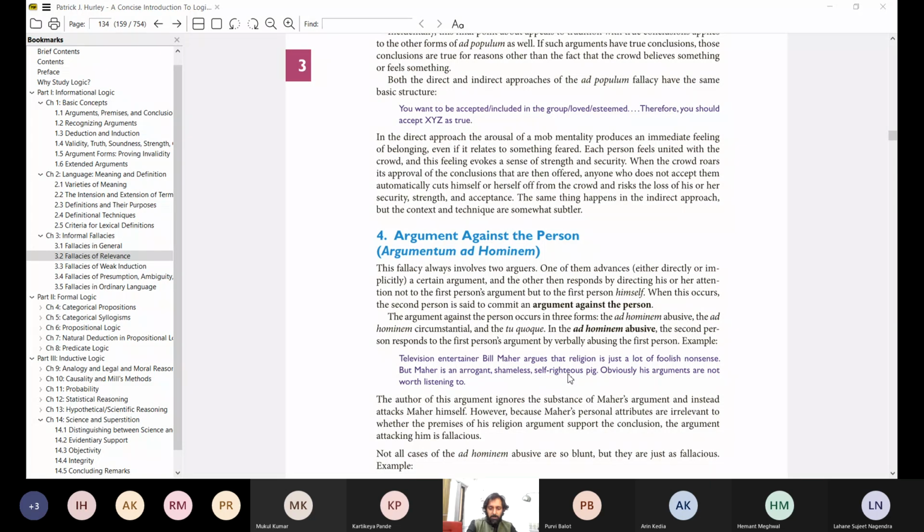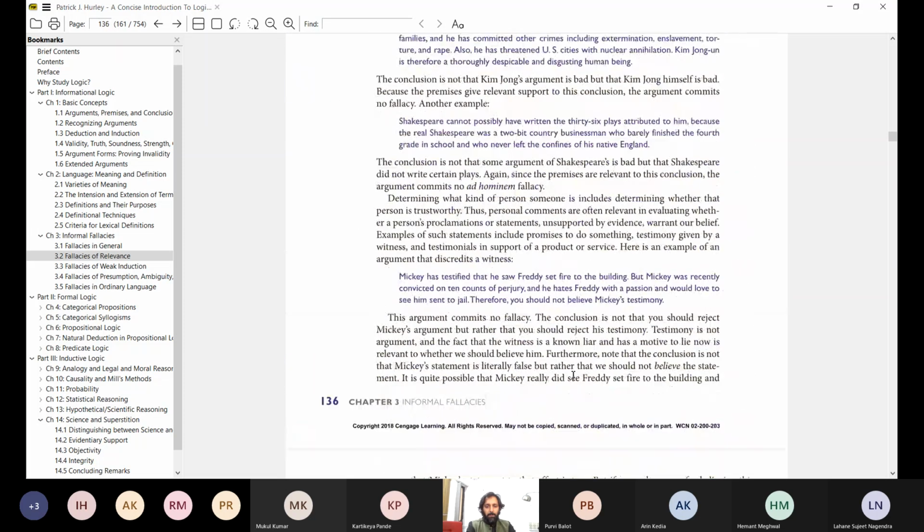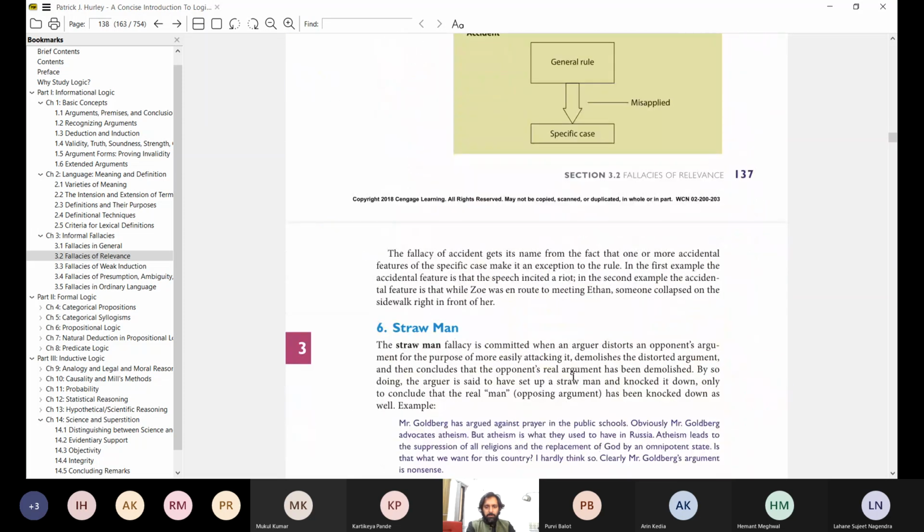Number 4 is ad hominem arguments. We'll just skip this accident.